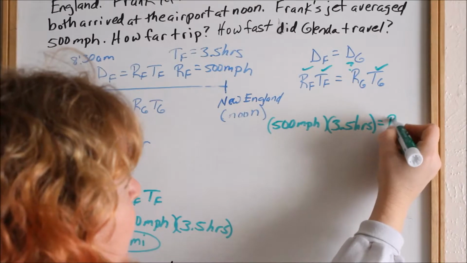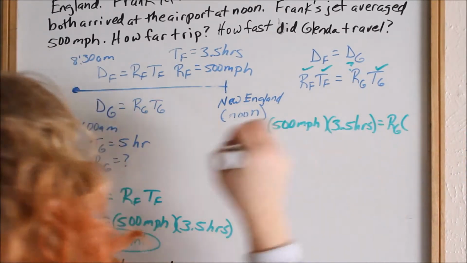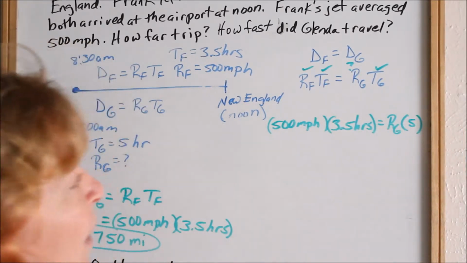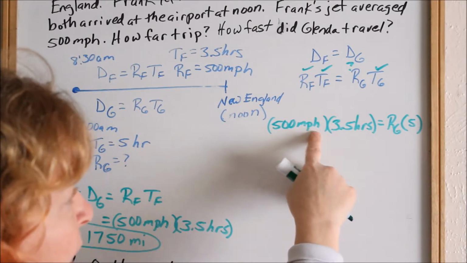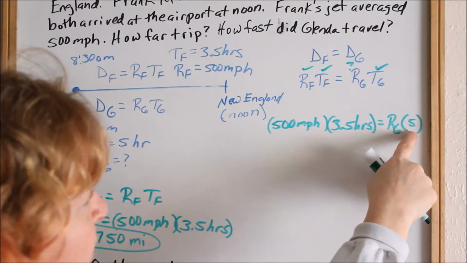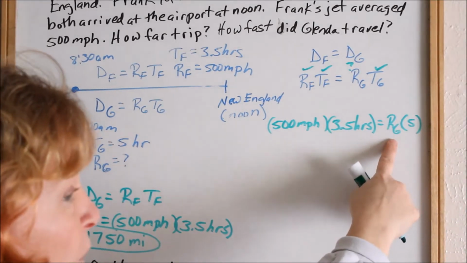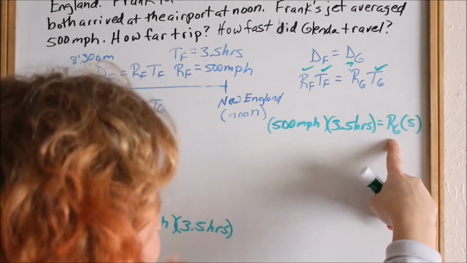I don't know Glenda's rate, and then her time was, that's over here, 5 hours. Okay? So I'm going to drop all my units for just a second. Everything is in the right units. I have miles and hours, and the time is all in hours. So the fact that I'm dealing with miles and hours and I'm solving for a rate, when I'm done, I should end up with miles per hour.